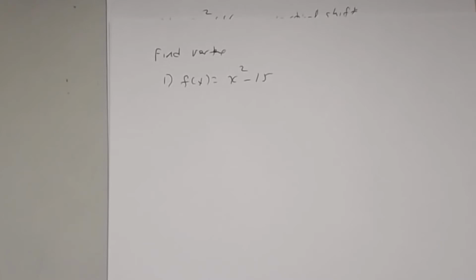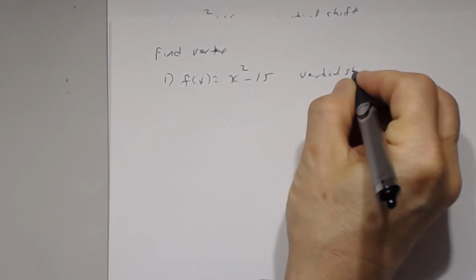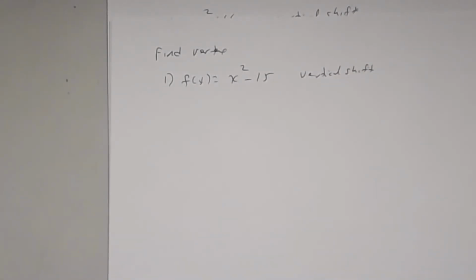It's a vertical shift. Vertical shift is intuitive. You're subtracting 15, which means you move the parent function down 15. So instead of my vertex being at the origin, it's now going to be at 0, -15.